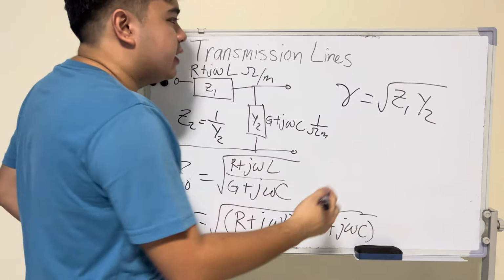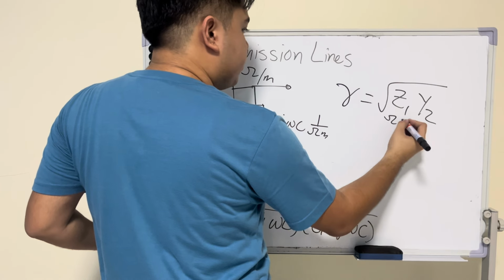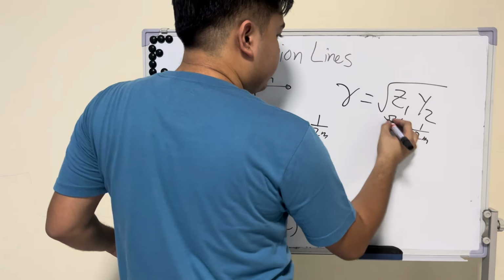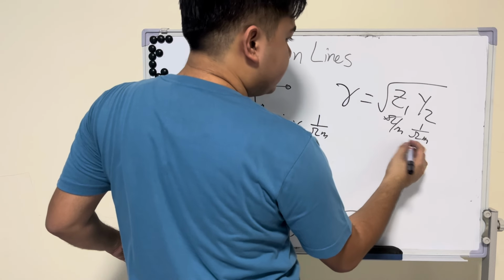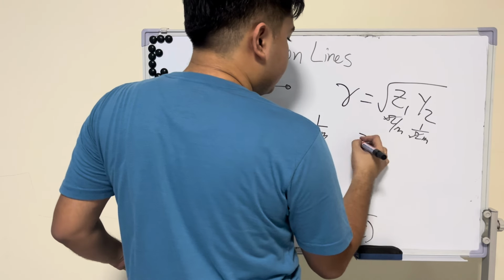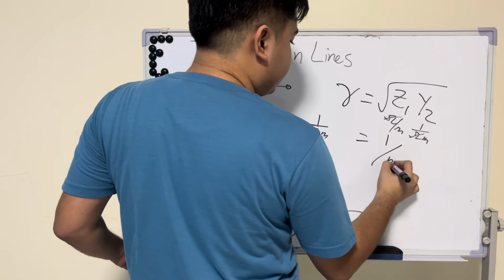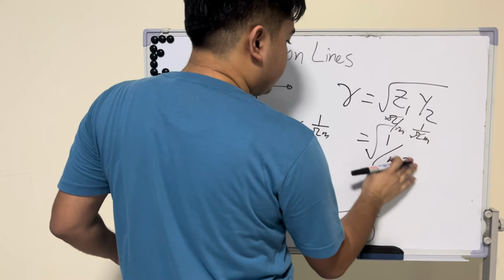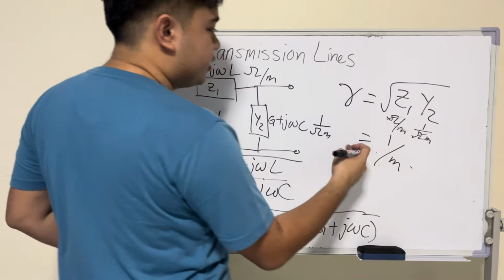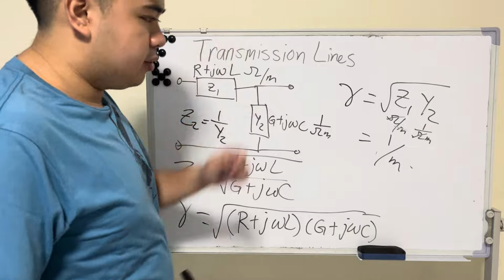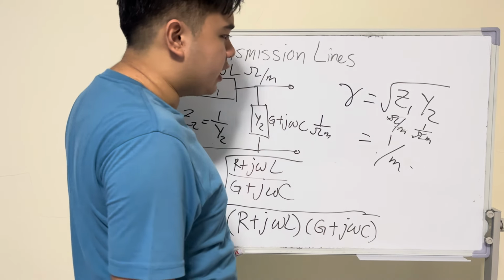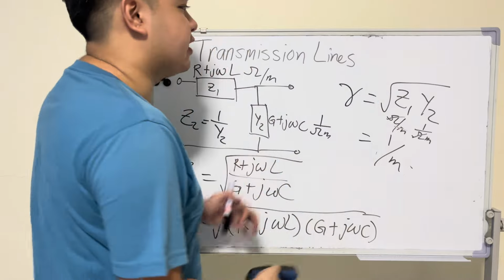My bad. This is ohms per meter, and this is 1 over ohm meter. We can cancel the ohms, but not the meters. So we end up with 1 per meter squared and square root, so it's just 1 per meter, which is inverse length. It's a bit weird, but it will factor in how we use that later.